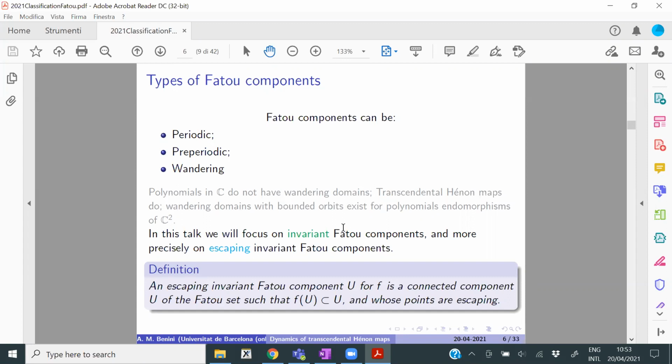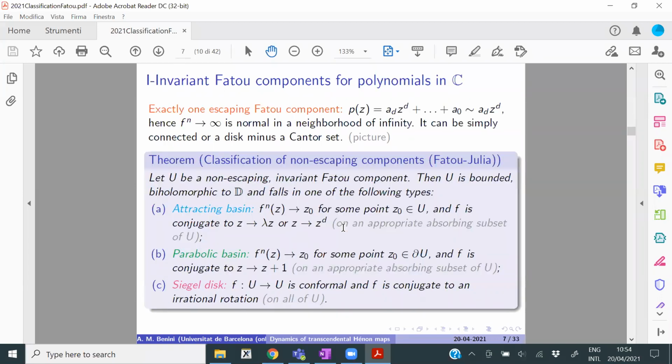It is a Fatou component which is invariant, so it gets mapped into itself, and on which the iterates converge to the boundary of your domain of definition. In our case, the line at infinity. In the one-dimensional case, they converge to the point at infinity, because in that case, with the one-point compactification, there is no discussion about whether this is the right one. This is the right one, as far as we know for now.